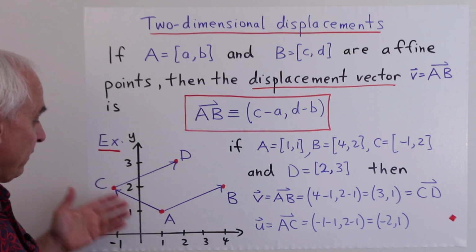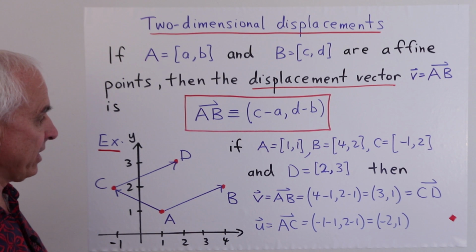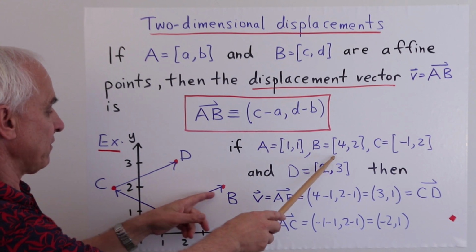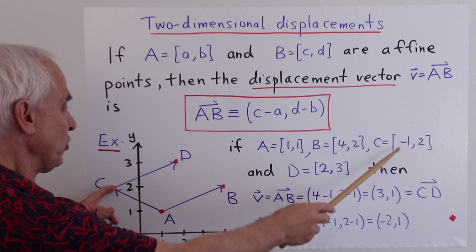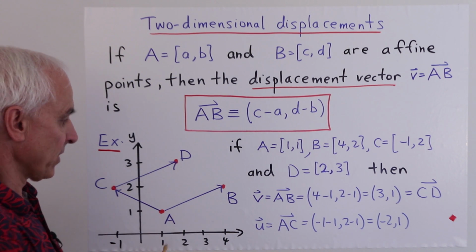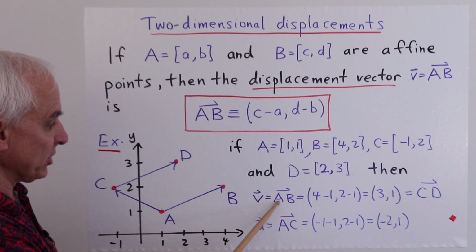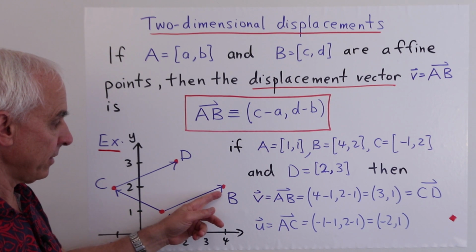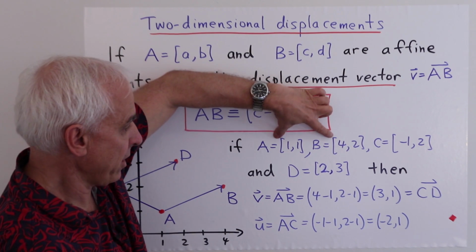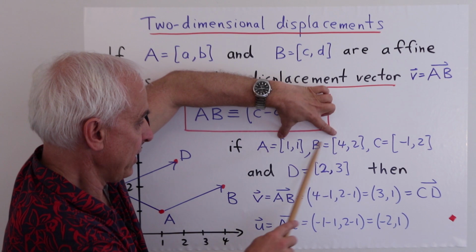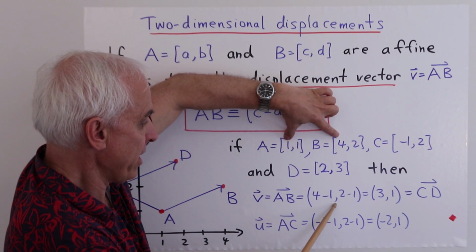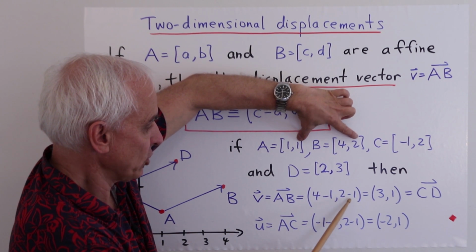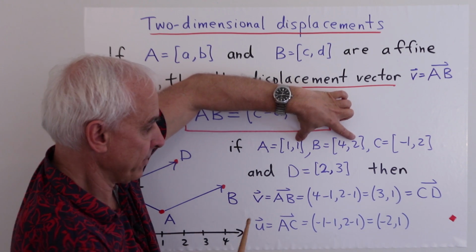So for example, if we have a couple of points in the plane, say A is (1, 1), B is (4, 2), C is (-1, 2), D is (2, 3), then the vector V, which is the vector AB, how do we get that? We just look at the difference between the x coordinates, so 4 minus 1, and the difference between the y coordinates, 2 minus 1, we get (3, 1).